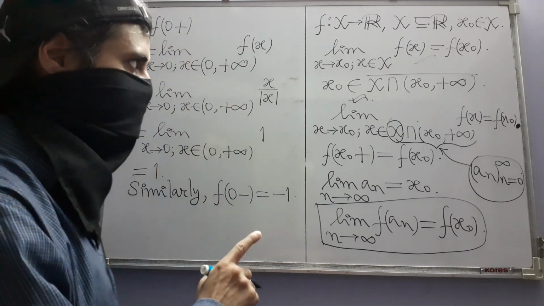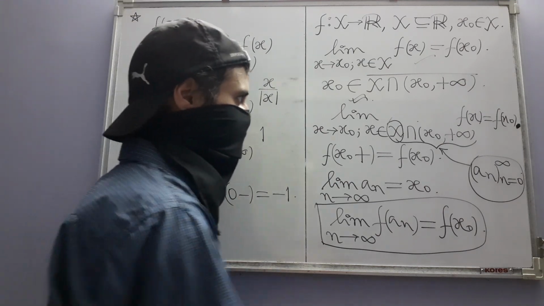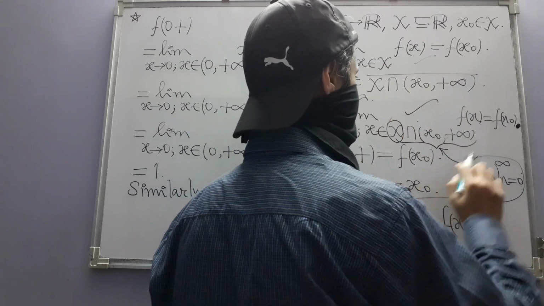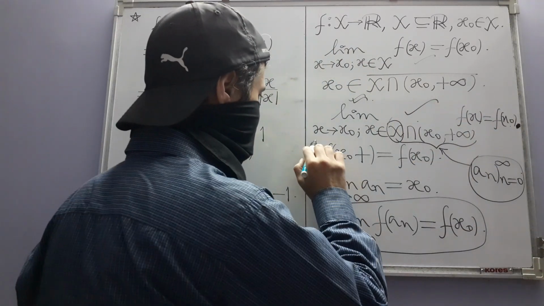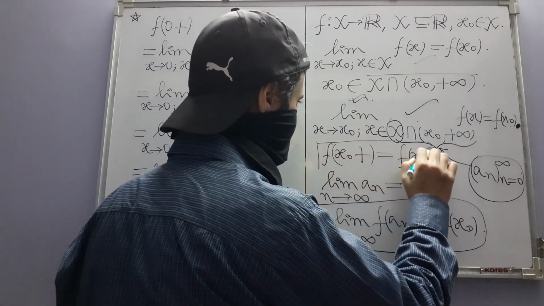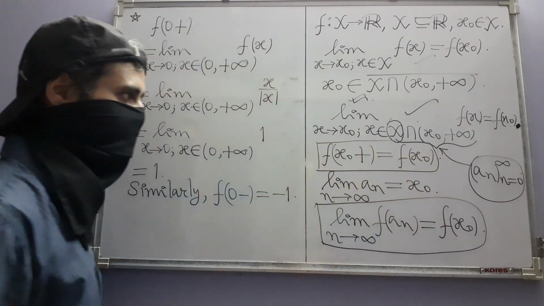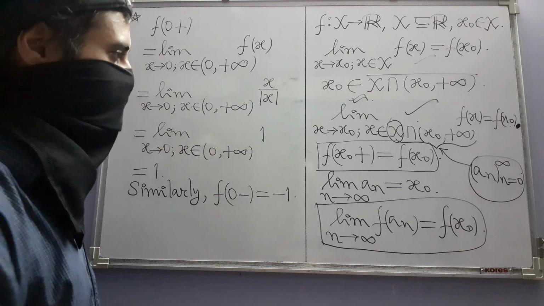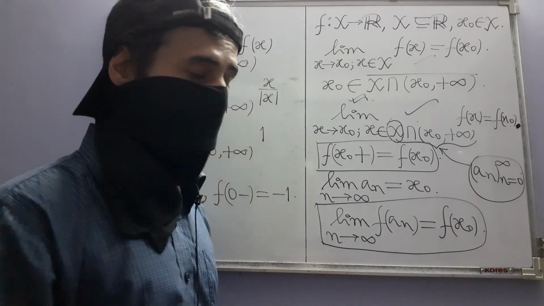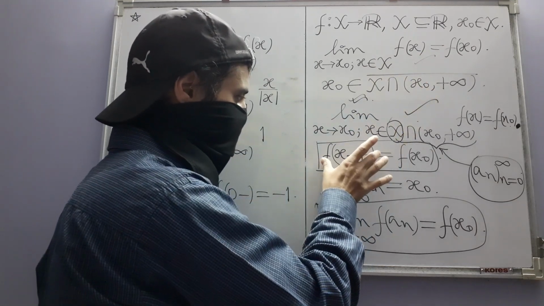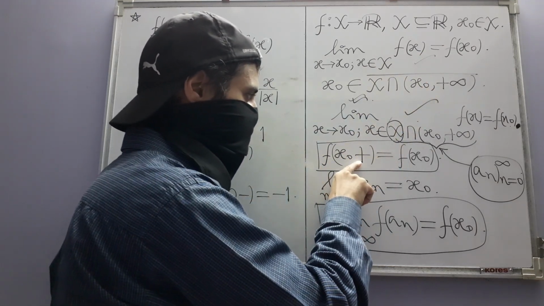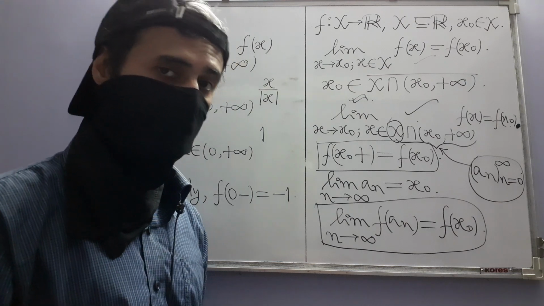So by the sequential formulation again, this limit exists and is equal to f of x naught. In other words, the right limit of f at x naught exists and is equal to f of x naught. So if the function is continuous at x naught, then the right limit exists and is equal to the functional value at x naught.